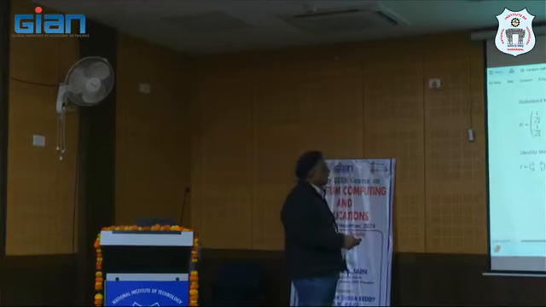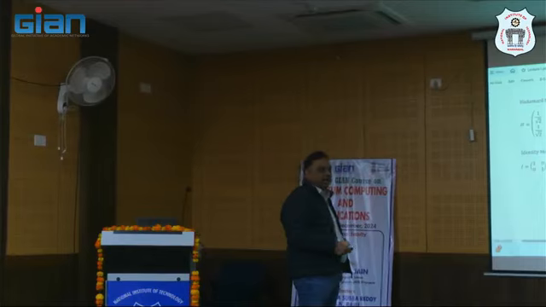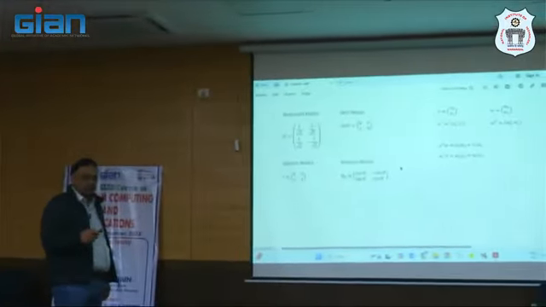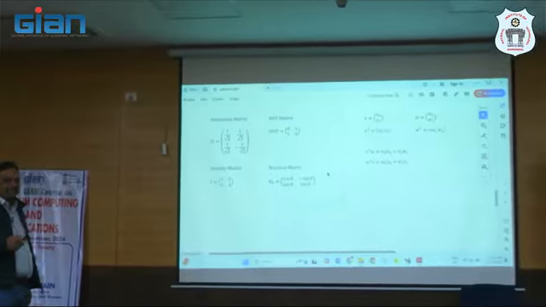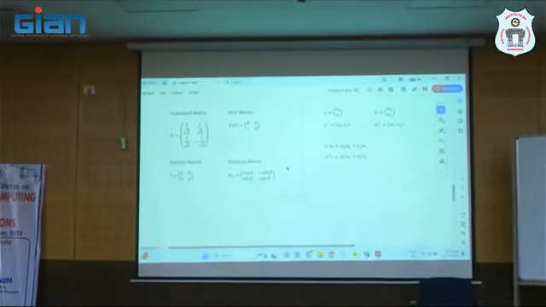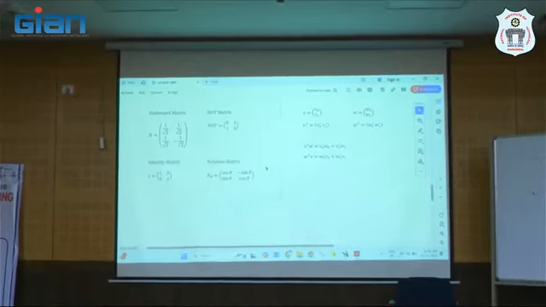The inner product of V with W is V dagger W. Inner product of W with V is W dagger V. These are two different things. The order matters.